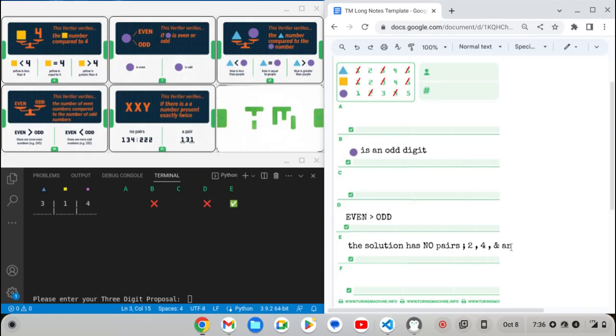So that means, again, that triangle and square are not paired up, so they'll be distinct even digits, and then we do have an odd in circle.